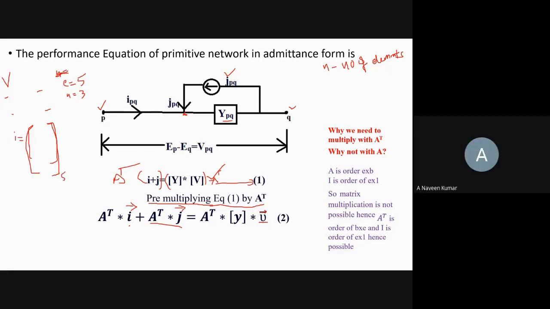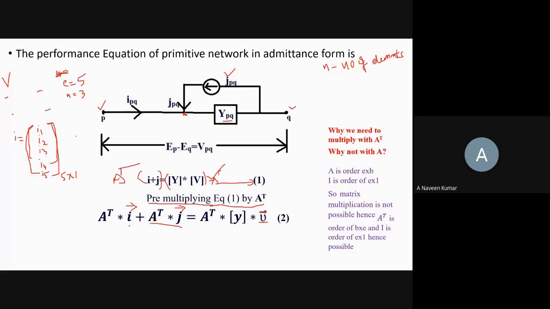This is 5 by 1 because if the network consists of 5 transmission lines, how many currents will exist? 5 only, because each transmission line carries some current. Line 1 will carry I1, line 2 I2, line 3 I3, line 4 I4, line 5 I5.